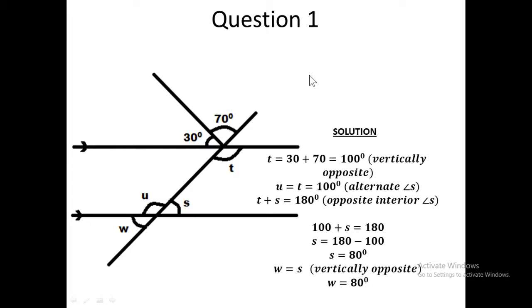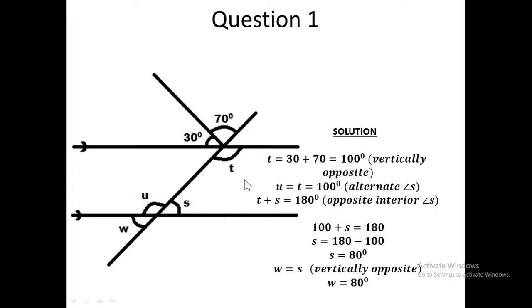Now, if you look at the question on the screen right now, you are given these two parallel lines, then this line of transversal that cuts across them. Anytime you are solving a question involving parallel lines and a line of transversal, the first thing you need to do is to identify those two parallel lines and the line of transversal.